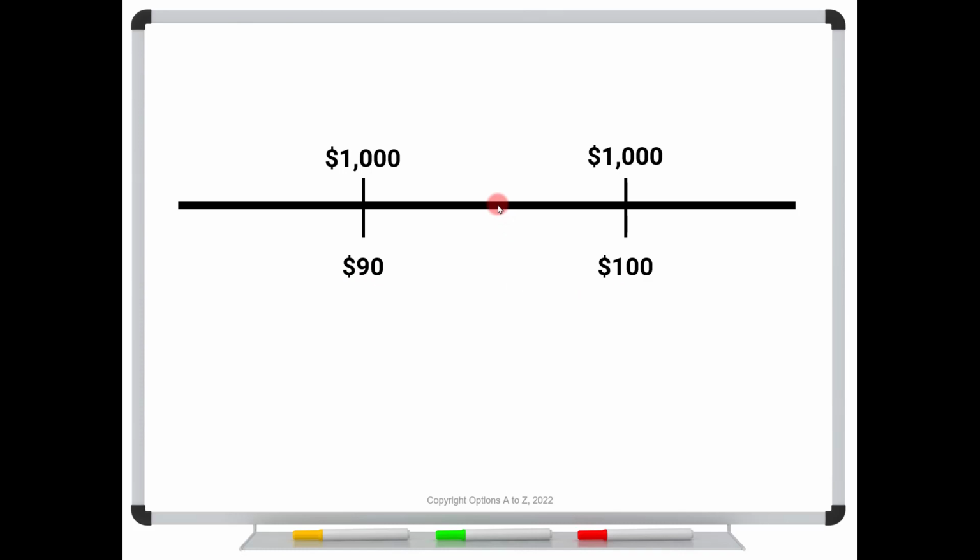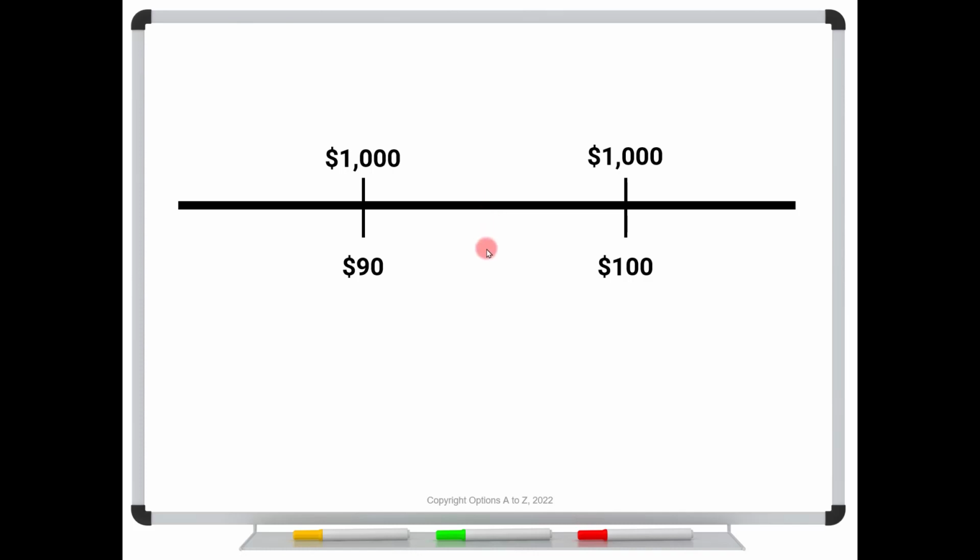You can also think of this as a seesaw that is 10 points wide, or 10 feet wide. You've got a 1,000 pound weight on this side and a 1,000 pound weight on this side. Where would it balance? Right there in the center, at 95.